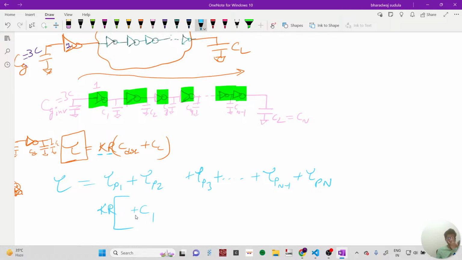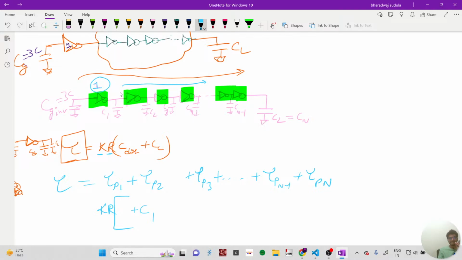And what is the diffusion cap? Diffusion cap depends on the sizing, right? I haven't mentioned that this whole chain of inverters is minimalistic. Only the first gate is minimalistic, of size 1. It hasn't been reduced or increased by any factor.